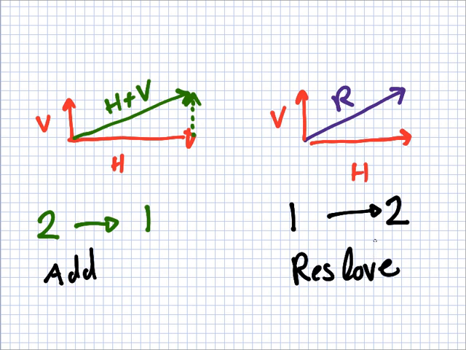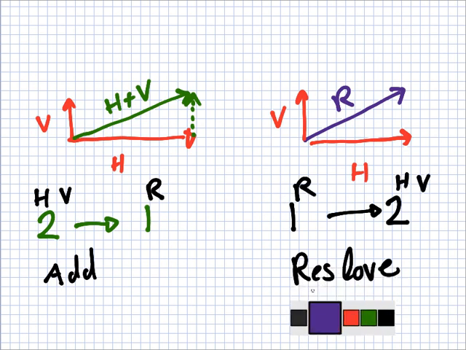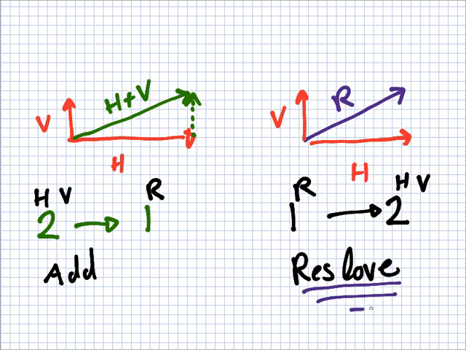So this one is going from horizontal and vertical to resultant, and this one is going from resultant to horizontal and vertical. So the verb is resolve, and the verb here is just add.